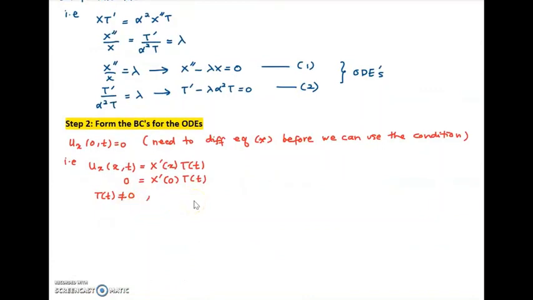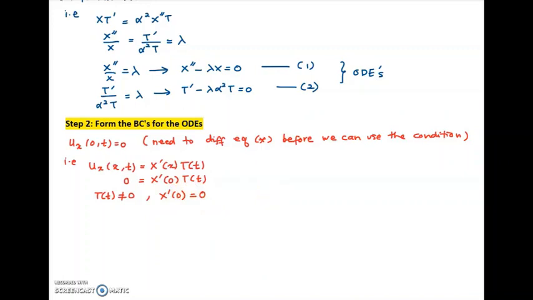Then in that case, X prime of 0 needs to be 0 in order to have this equation equal to 0 at the left. So X prime of 0 equal to 0. It is 0 only at the point small x equal to 0, so it's okay to have X prime equal to 0. This is the condition that we produce on our own.